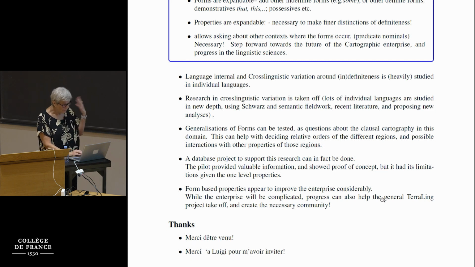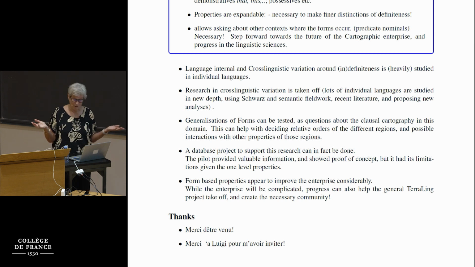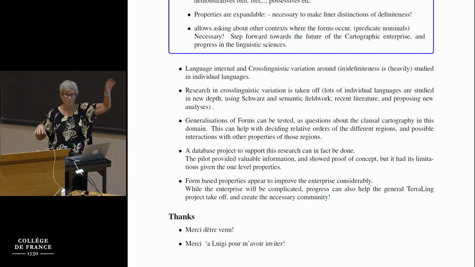So, coming back to the generalization of forms, they can be tested as questions about the clausal cartography and give insight into clausal cartography in this domain. So we can identify major regions and then try to see what is the fine structure in this region. Is there any?